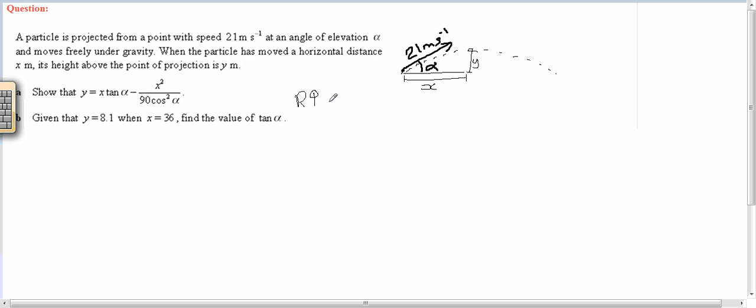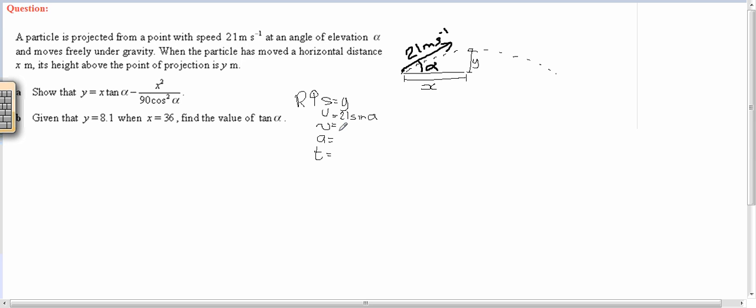If I resolve up, it's acting freely under gravity, so we have S, U, V, A, T. My S distance is going to be y, my displacement. My initial speed is 21 sine alpha.